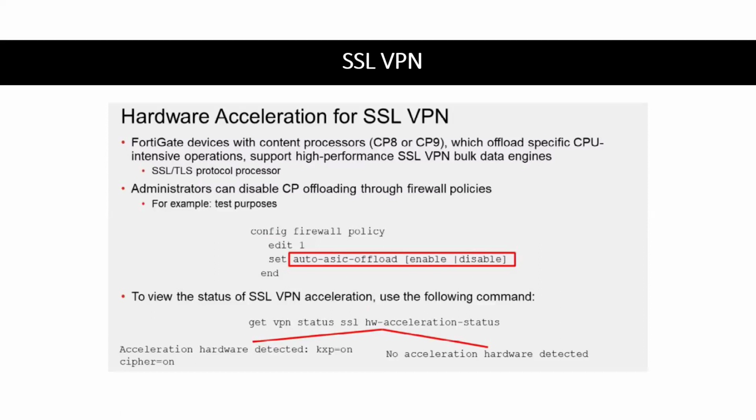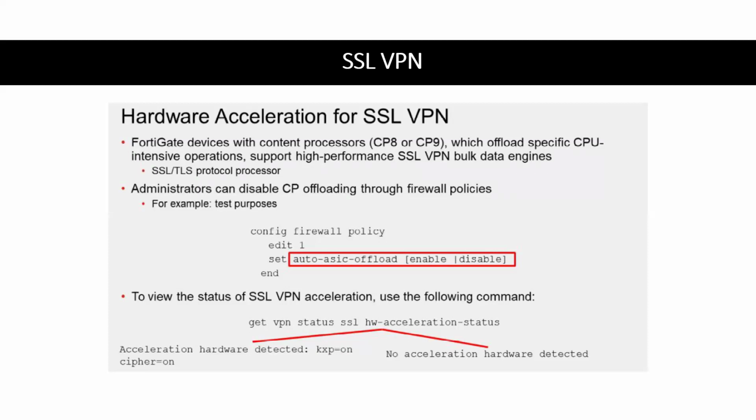We talked about hardware acceleration. I know I threw it out there here and there, right? With the specialized processes, and let me say the correct term, the content processors, right? CP8, CP9, right? It can dedicate itself to specific functions within the firewall, to alleviate some overhead on the actual CPU, right?